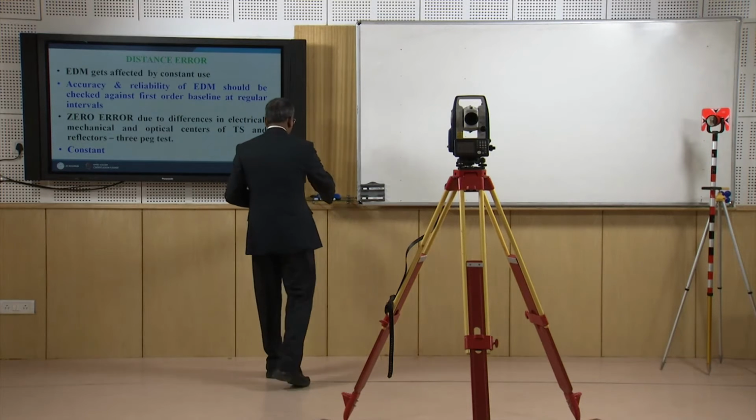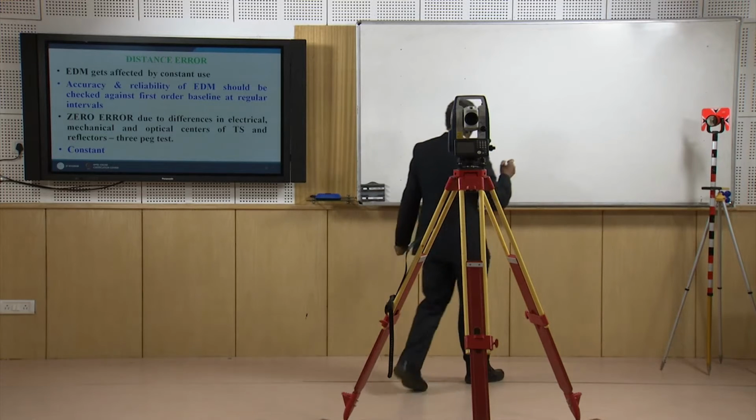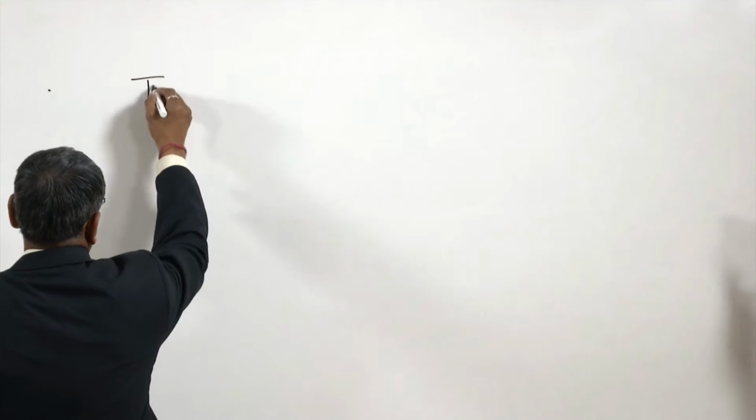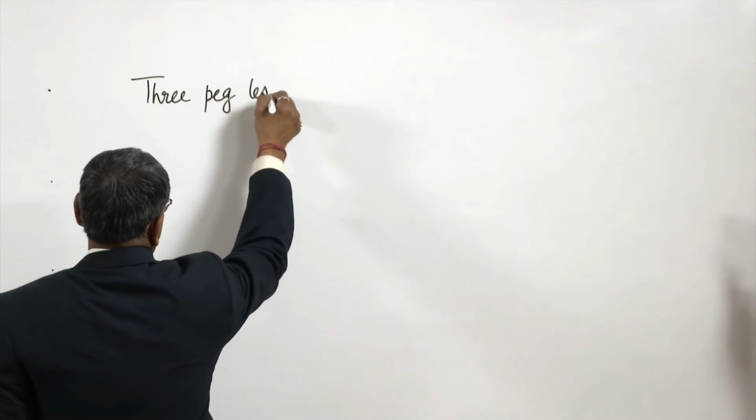Now this zero error is determined by using a test called the 3-peg test, which is very simple.